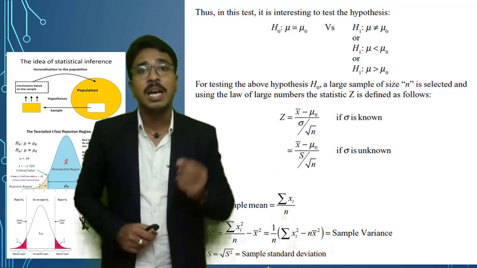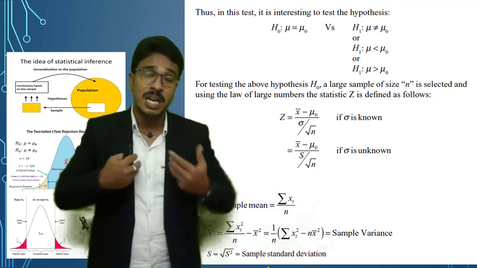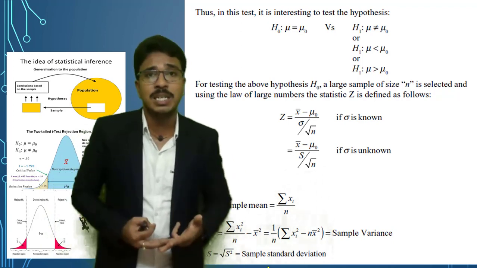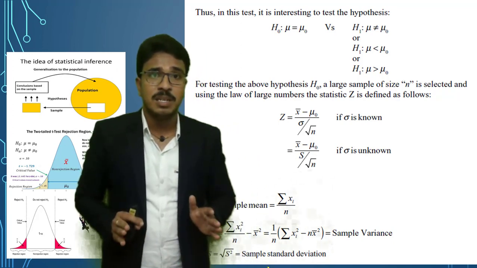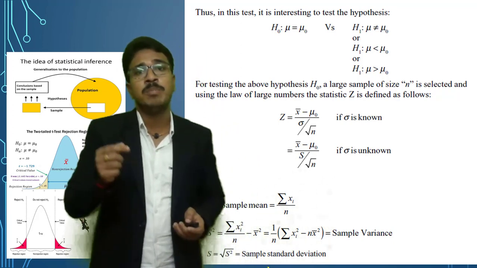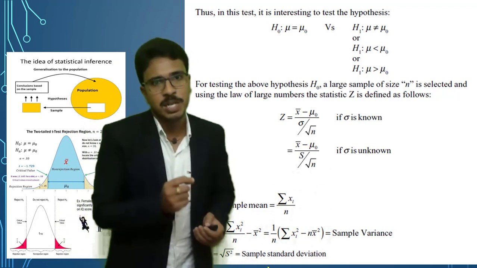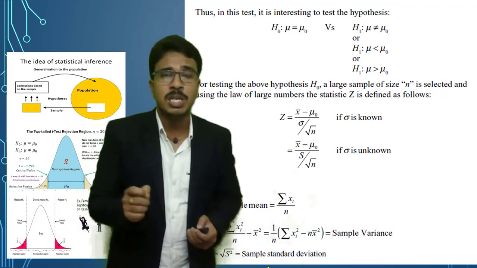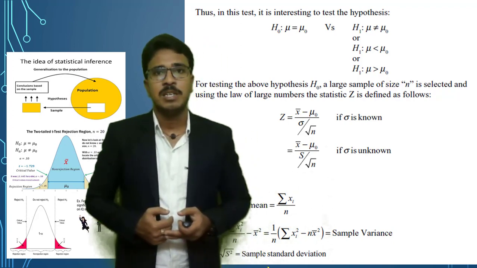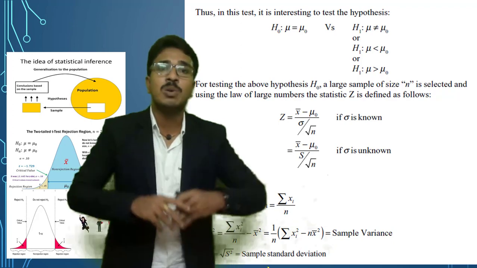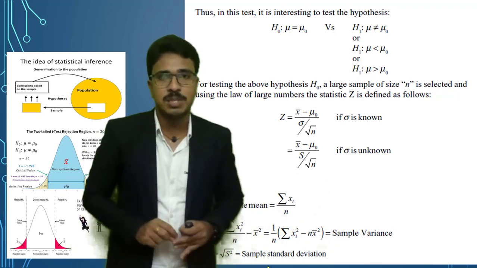H naught is the notation. And we assume that there is no difference, that means mu is equal to mu naught. Here mu is the population mean, and mu naught is the nominal value of the population mean. So both are the same. There is no difference. This is how we set the null hypothesis.